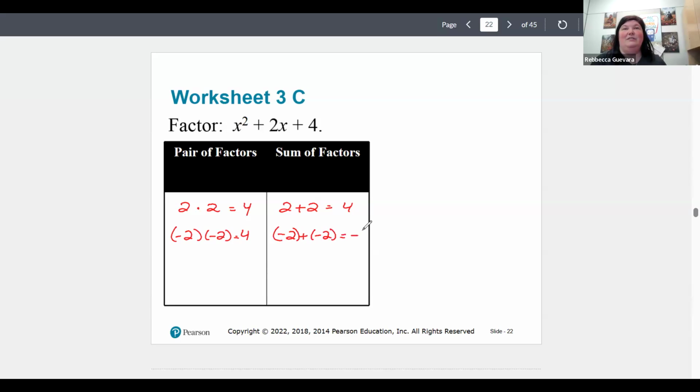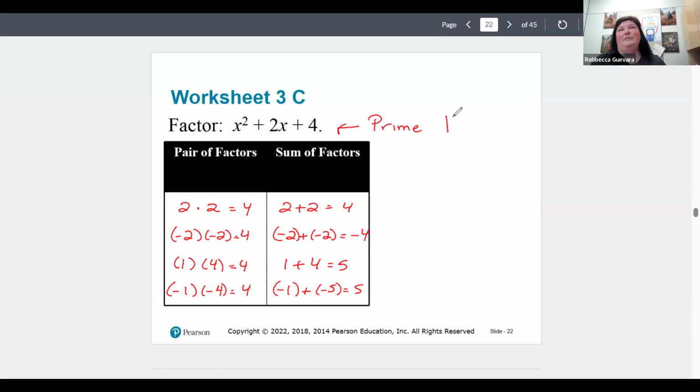Well, I do have another option. I have 1 times 4, which will give me 4. Once again, if I add those together, that's not going to be 2. And I can do -1 times -4, which will give me +4. But once again, when I add those together, I'm not getting a 2. This is also a prime trinomial.